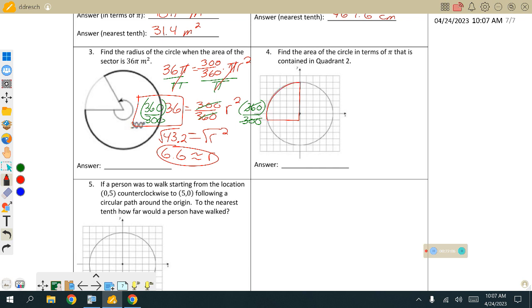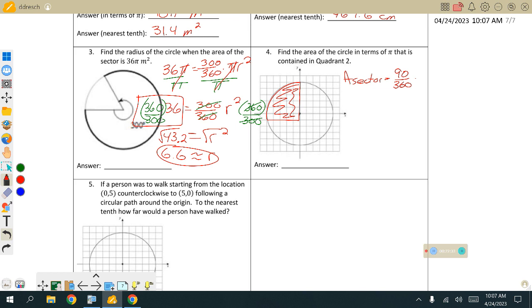So that's what we're doing right here. We're trying to find a sector problem. So let's go ahead and do our sector formula. Now, somebody just said a quarter, which is exactly correct. 90 over 360 pi r squared, because you told me sector. Pi r squared then.